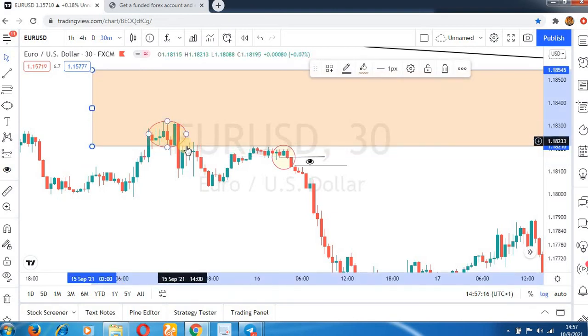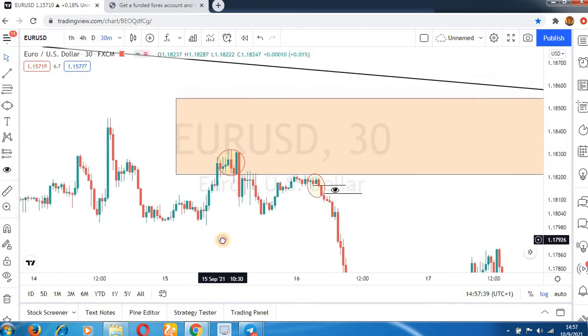For this one, it looks like it has been mitigated because price can just come up and fill this last imbalance and start coming down, and this is when I miss it by just a few pips because I am being too conservative. Do you understand?